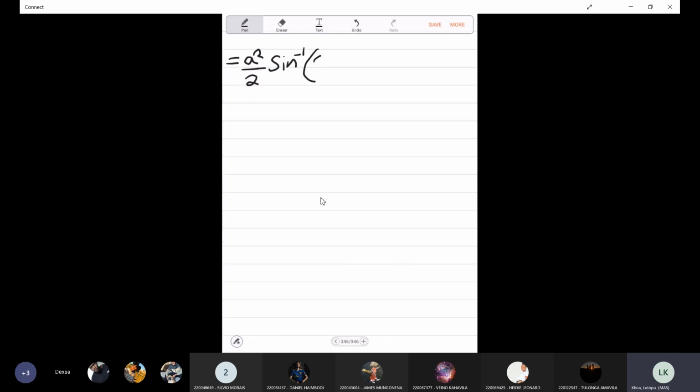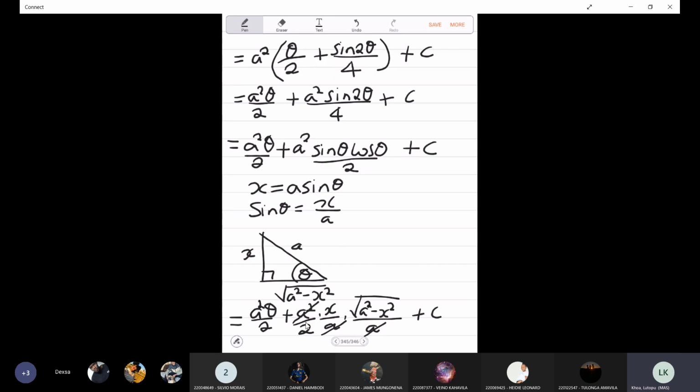And over here, in the numerator we have x over 2 square root of this. I feel like I missed something here. I'm multiplying this out.